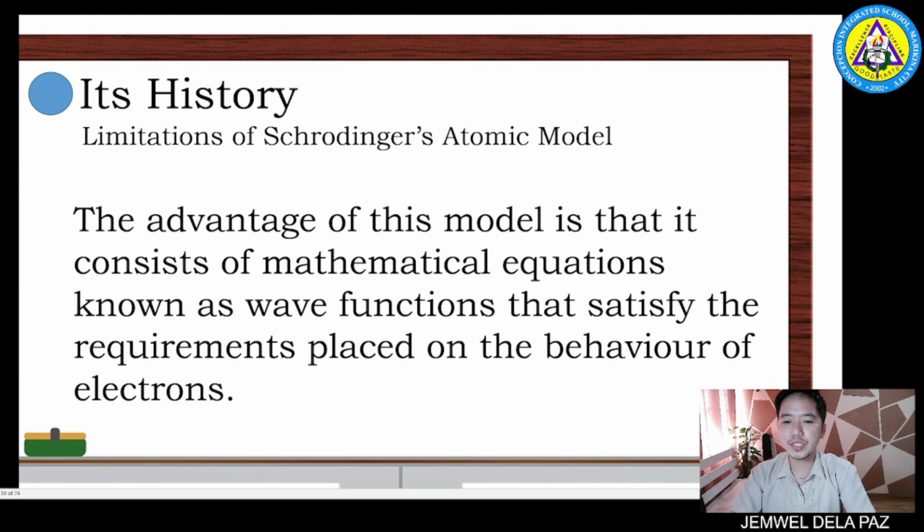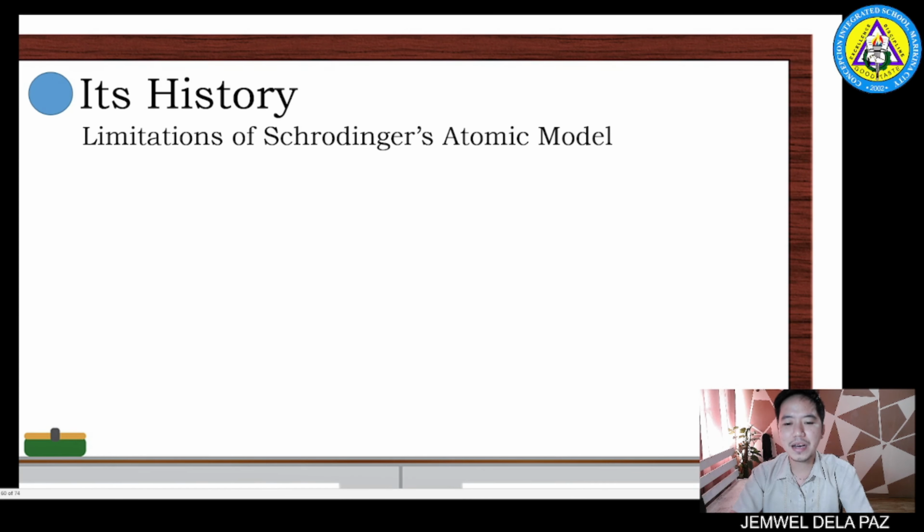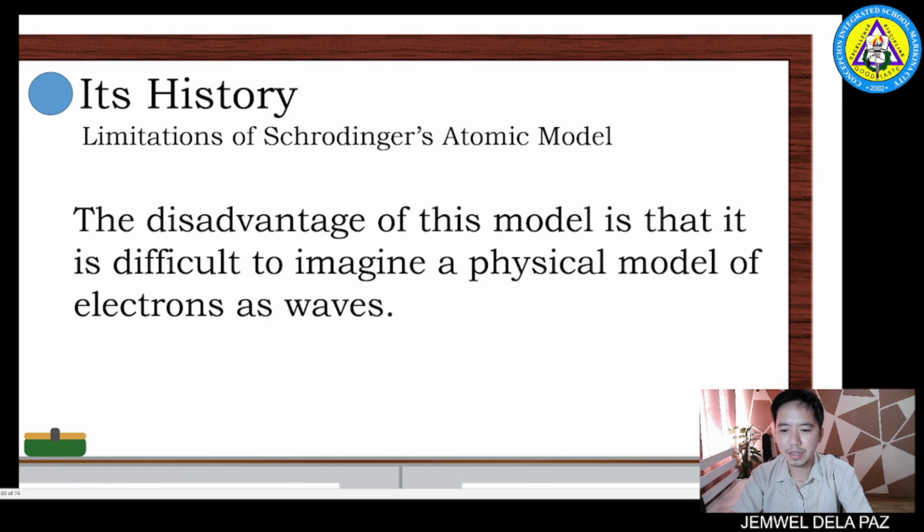Since Schrödinger used mathematical equations to describe an atom, that is an advantage. However, this mathematical operation is unfamiliar and it is too difficult to imagine a physical model of electrons as a wave.